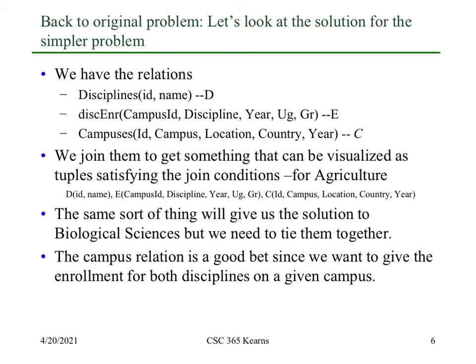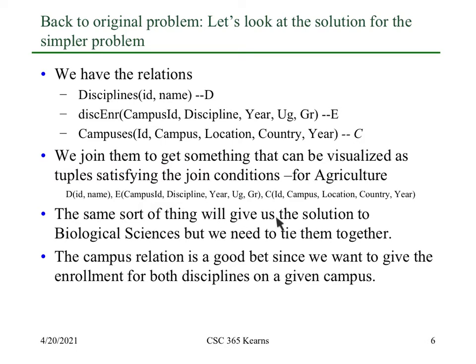What we did in the from clause is we effectively created a relation that had all these attributes in it. So we had the two attributes from the discipline table, the 5 attributes from the enrollment table, and then the attributes from the campus table.